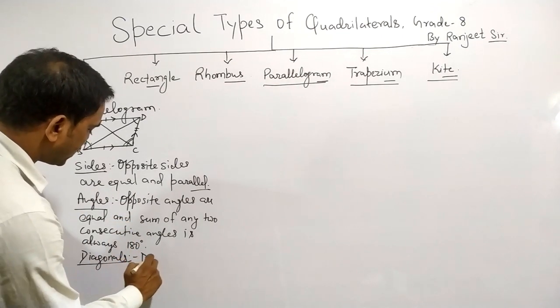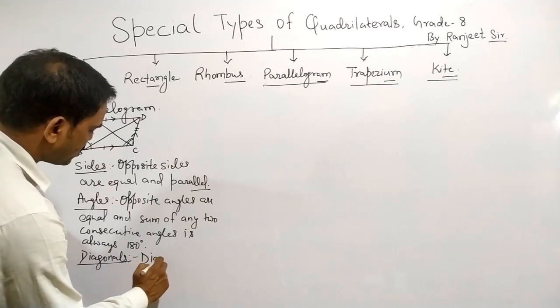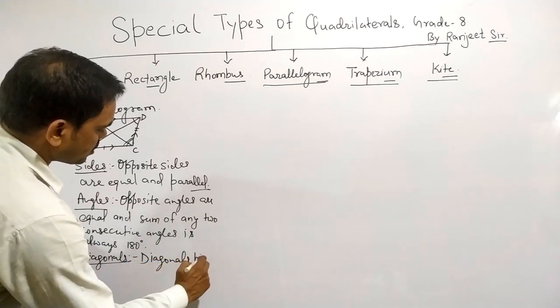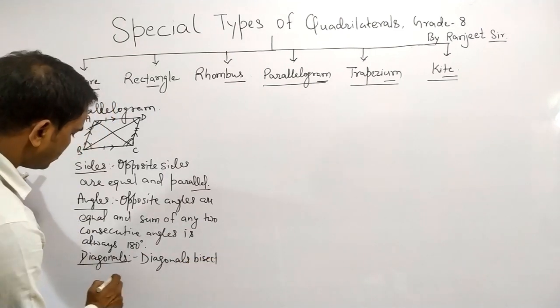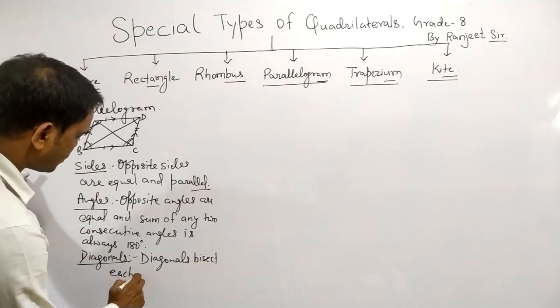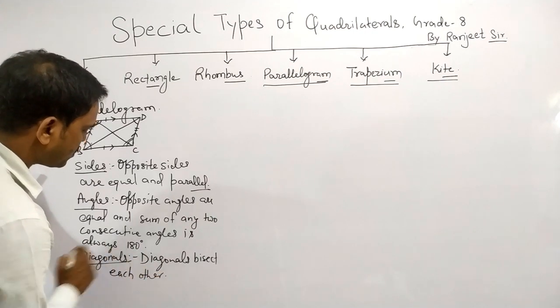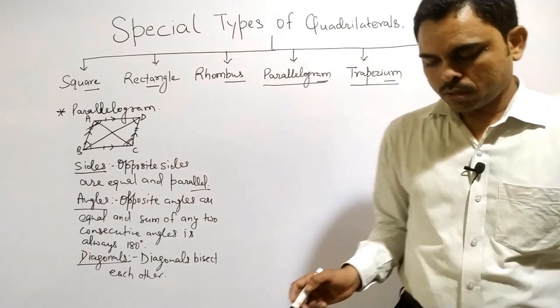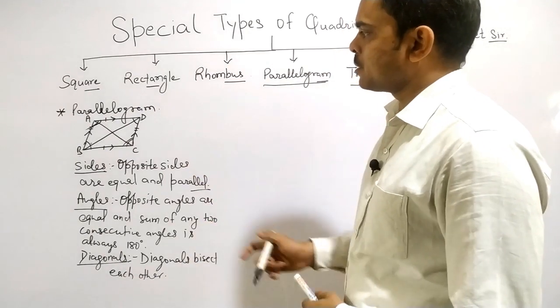That is why we simply write diagonals bisect each other. This was all about parallelogram.